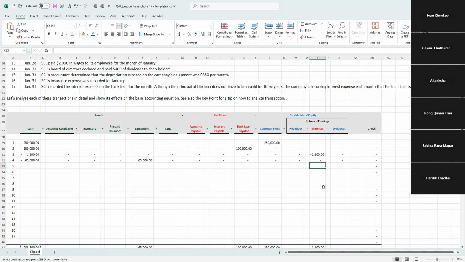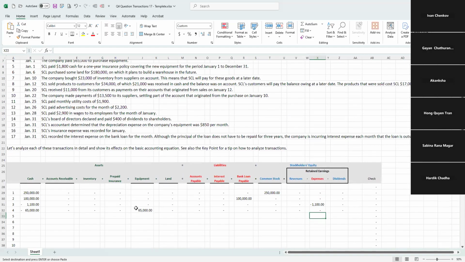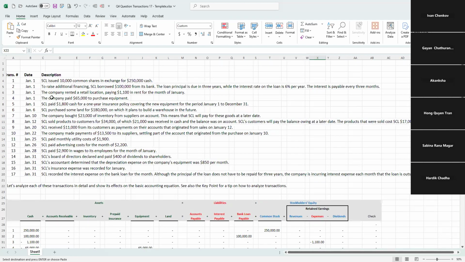It's prepaid insurance. Why will it be prepaid insurance? Because we purchased it prior to starting to use it. So as you can see, we bought the equipment on January 1st, and on January 1st, we purchased that insurance.